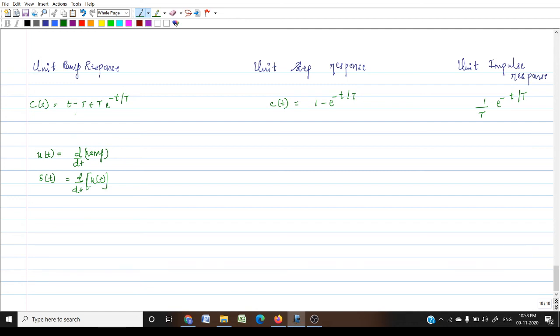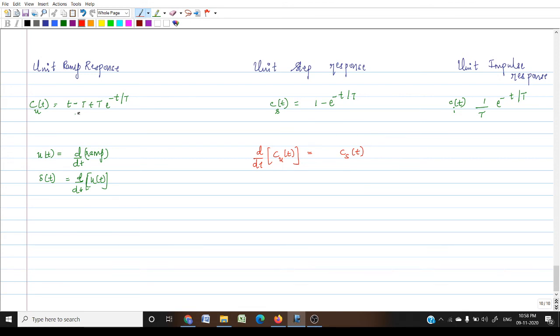So you can see that this is C of t. This is impulse, I'll name it as Ci of t, step as Cs of t, and ramp as Cu of t. You can find that the derivative of the unit ramp response Cu of t is nothing but Cs of t.